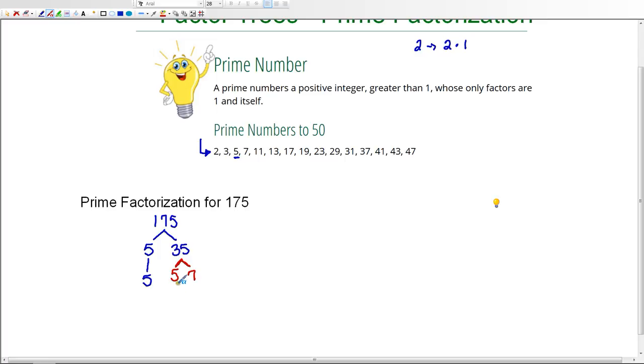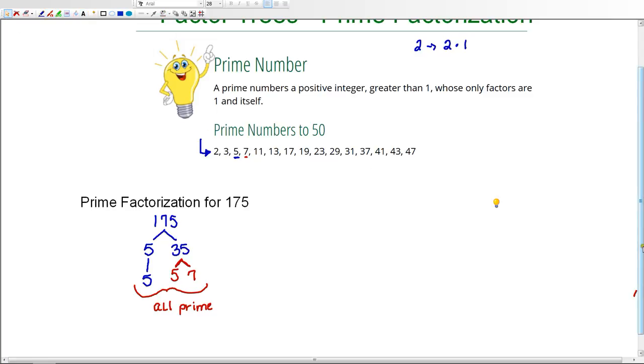Now I need to check these two numbers to see if they're prime. We already know that 5 is prime, and 7 is also prime. So once I get to a point where all of my numbers are prime, that's when I can stop and I have fully completed the factor tree. Okay, so 5, 5, and 7 are prime. And that's where I can write the prime factorization for this number.